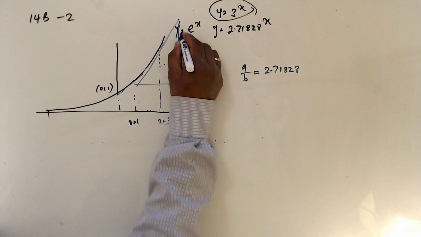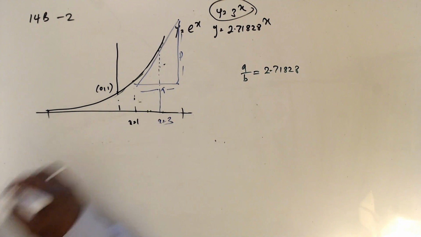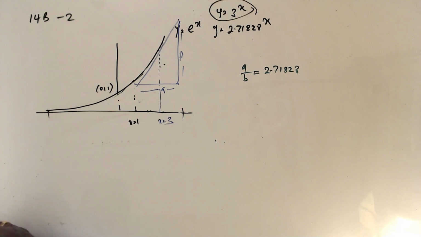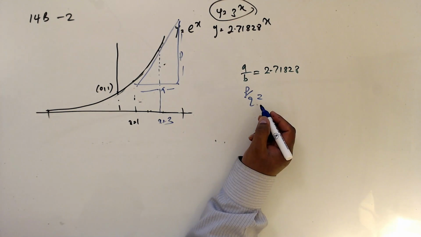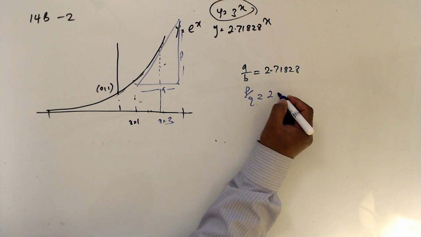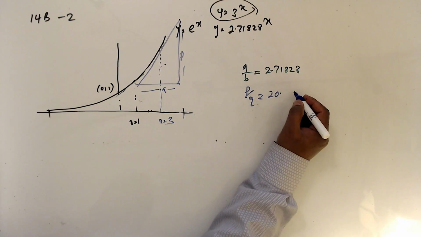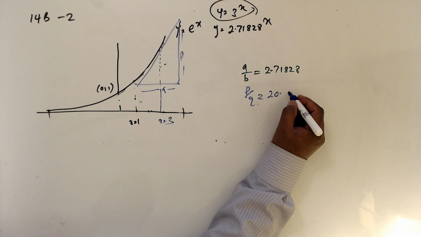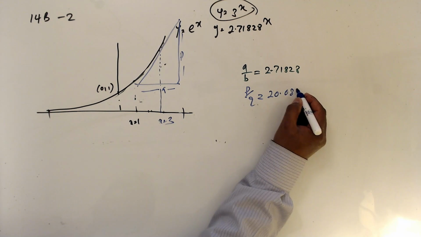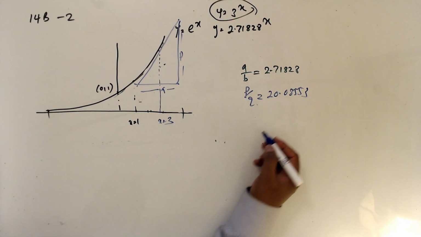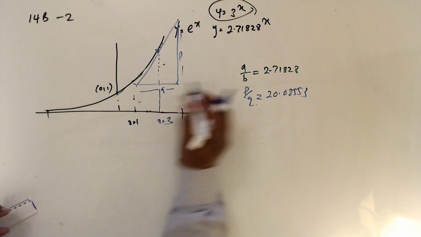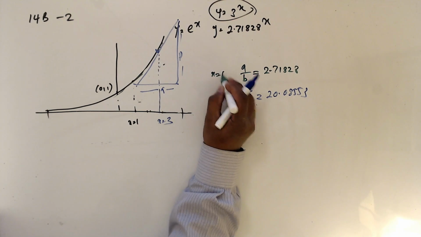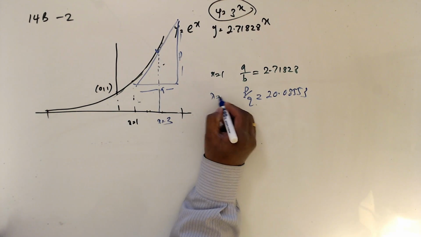This is P and this is Q. When you divide P by Q, you will get 20.0855. This is when x equals 1. This is when x equals 3.